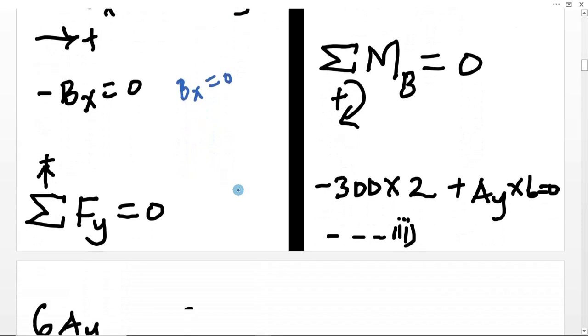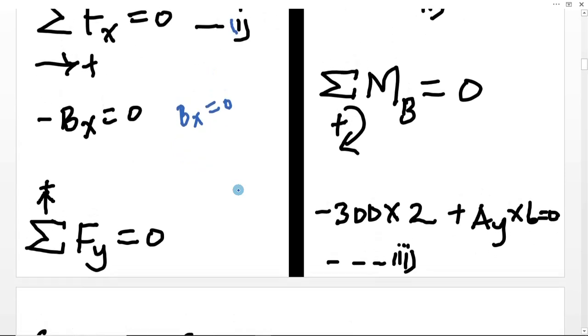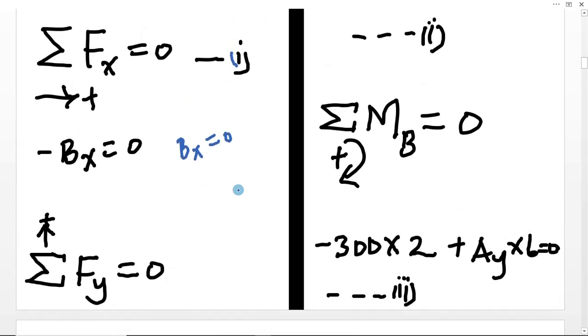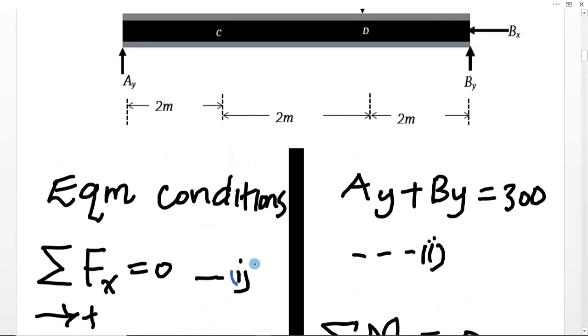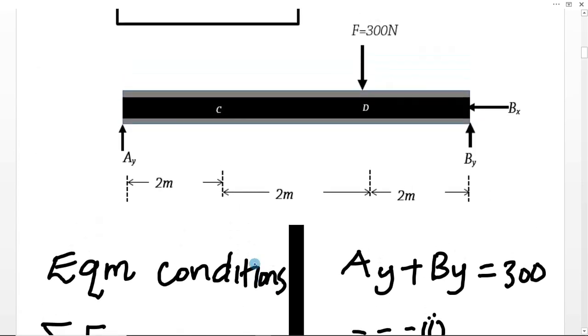We move ahead and consider another equilibrium condition that says the sum of vertical forces, considering the positive Y direction forces to be positive, should equal 0. This is condition number 2. It means vertical forces must reduce to 0.